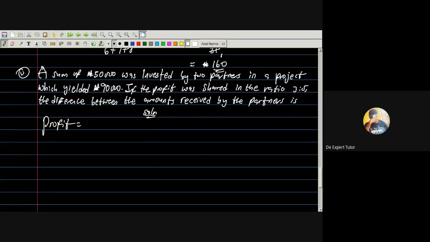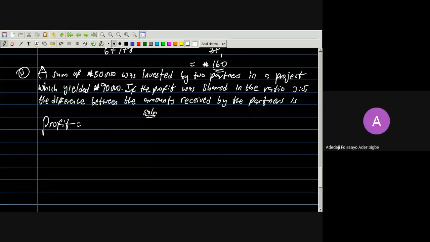Yes, so what's the profit? Can you tell us? Sorry, I'll have to calculate it. I said they invested 50,000 naira and the project brought 90,000. So what was the profit? I can't really hear. Let another person whose voice is audible tell us.